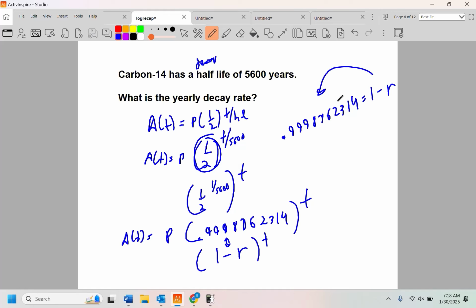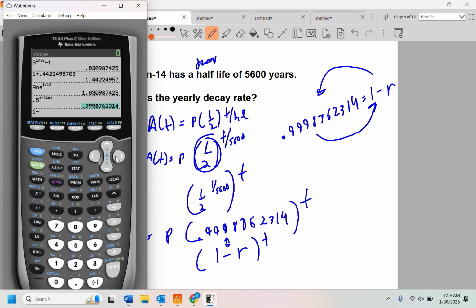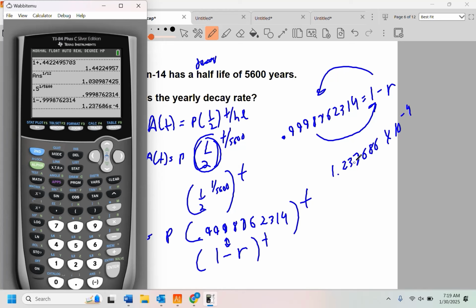And then we just shift things around. That's what we do. But anyways, we take that thing away from 1 is the gist of it. And there she is in scientific notation. That is 1.237686 times 10 to the -4th power. I think that was a -4. It was, which means that I move the decimal 4 places forward.